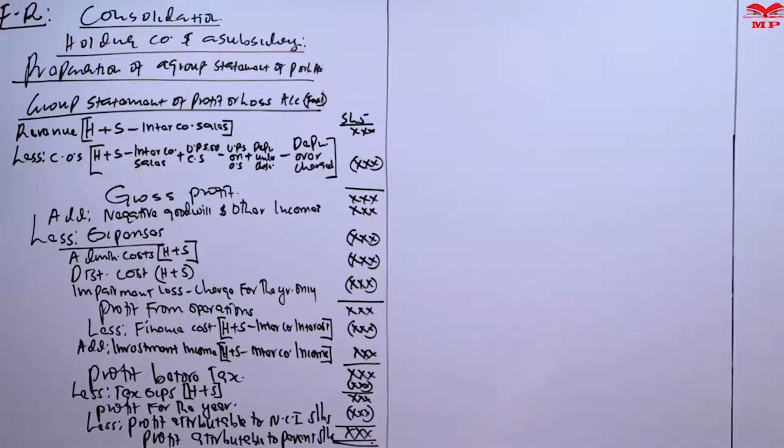Something very important that we'll have to explain: we are taking the revenue of the holding company, H is the holding company, plus the revenue of the subsidiary, S is the subsidiary, minus the intercompany sales. Why are we subtracting intercompany sales in the first place?